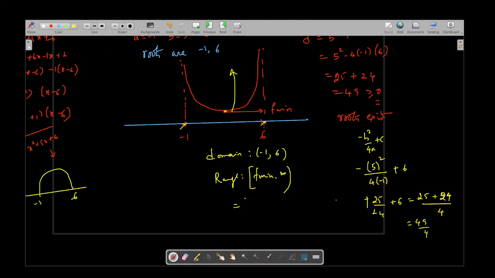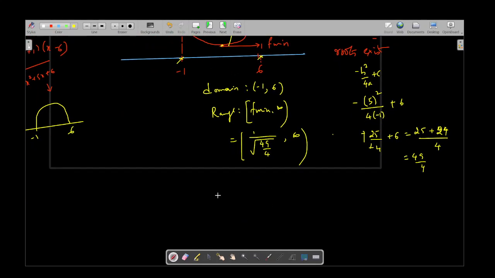But f min is 1 by square root of 49 by 4, because the function is 1 by square root of the quadratic. So this is 1 by 7 by 2, comma infinity, which is 2 by 7 comma infinity. This is included. 2 by 7 is actually 0.28 to infinity.